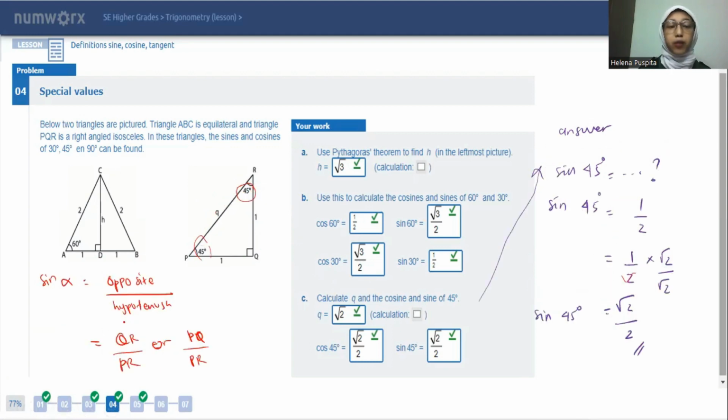And then the formula sine alpha equals opposite over hypotenuse equals QR over PR, which is 1 over square root 2. Sine 45 degrees equals square root 2 over 2.